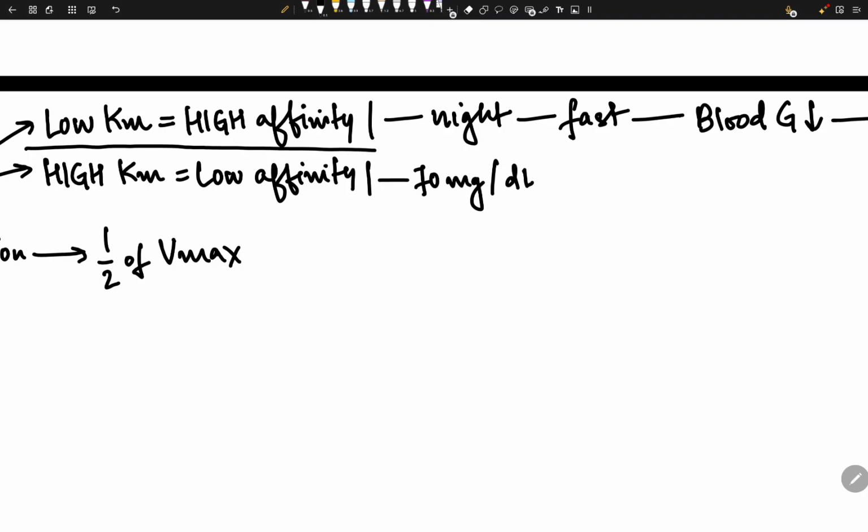What do you think? Of course not, because your brain, RBCs, and muscles need it. Therefore, glucokinase purposely waits. Now, how can it wait? It doesn't have a brain of its own. It waits because glucokinase has a high Km value and a low affinity. That's why glucokinase ignores the low sugar.